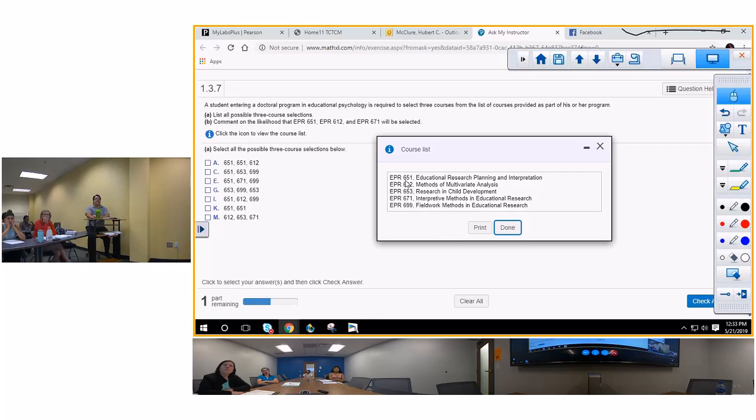So what I want everybody to do, you don't have to write down the EPR. Just write down 651, 612, 653, 671, 699. And what we're going to do is create a sample space using 3 of those class courses.